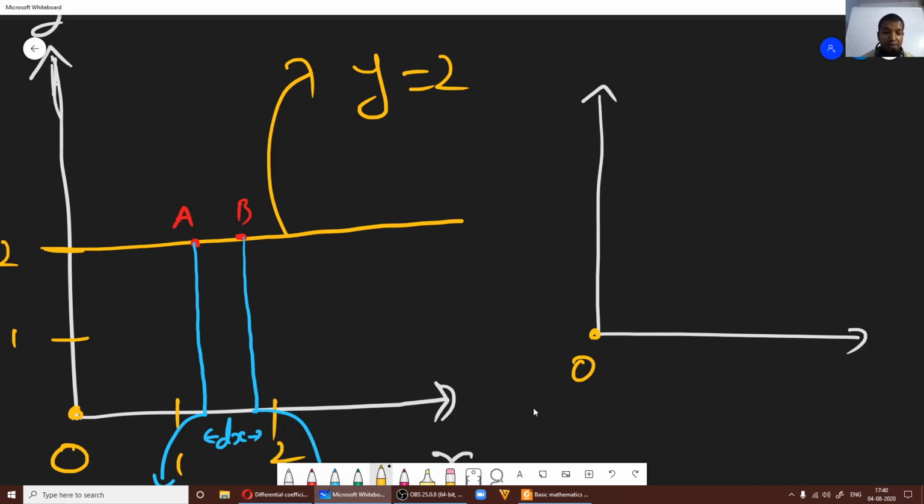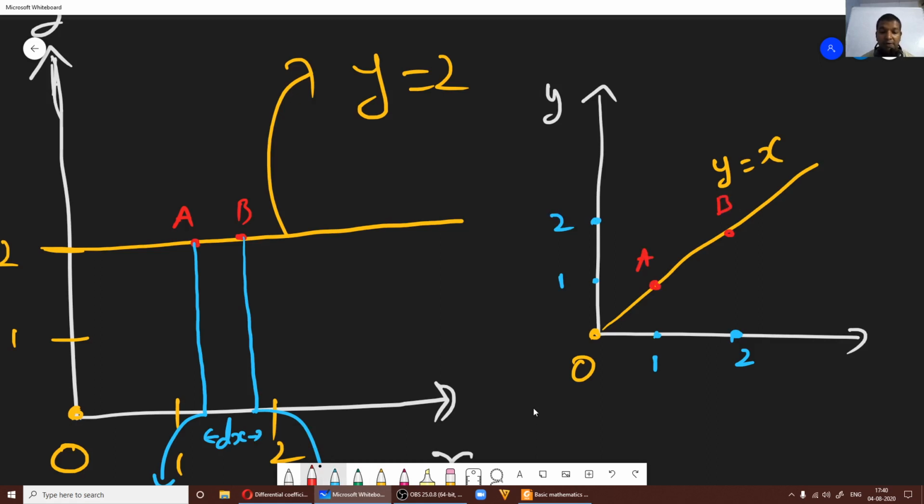Now this is point 1, this is point 2, and correspondingly this is 1 and 2 on the y axis. Say this is A and this is B.